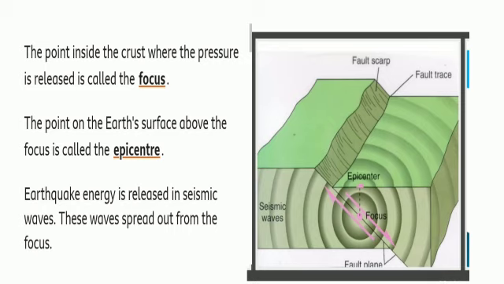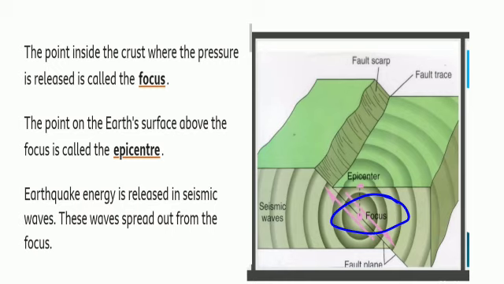Okay, here in this picture we can see some names, that is focus, epicenter, seismic waves. Let me describe these words which are a part of earthquake. What is this focus? Focus is the point inside the crust where the pressure is released, is called focus. Focus is basically the origin from where the earthquake originates.